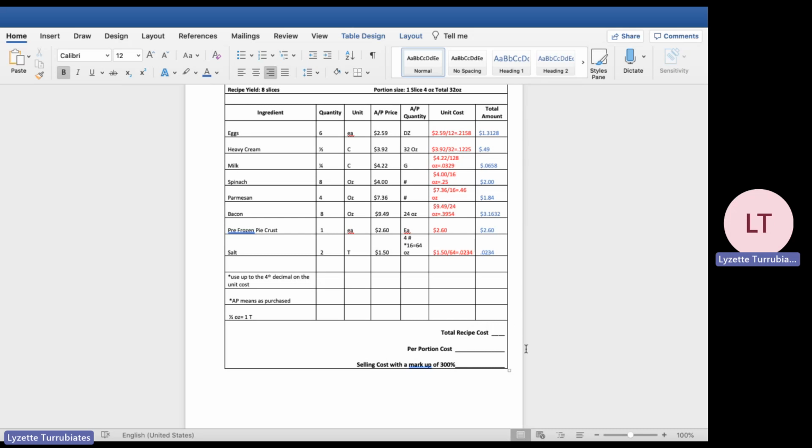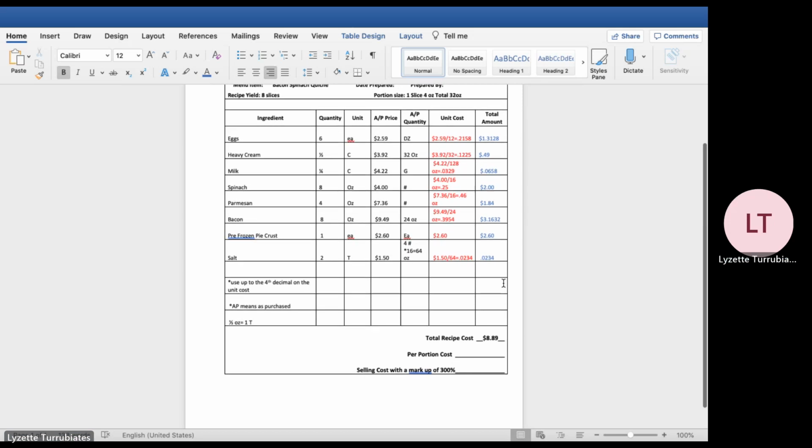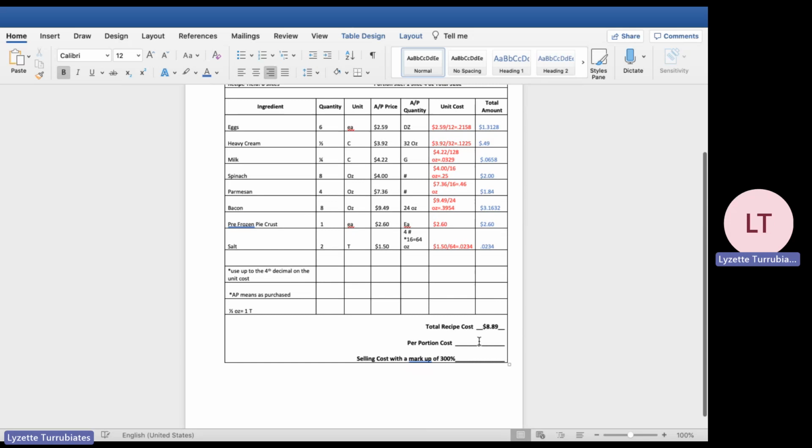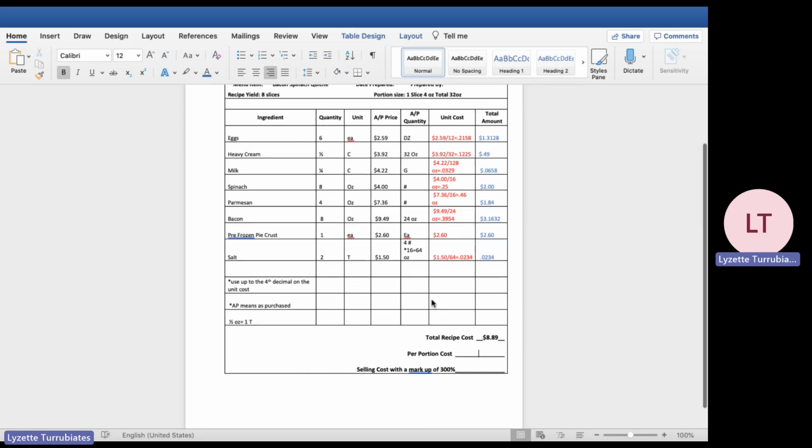So our total recipe cost is going to be $8.89.